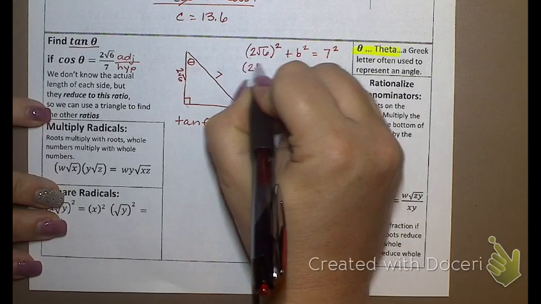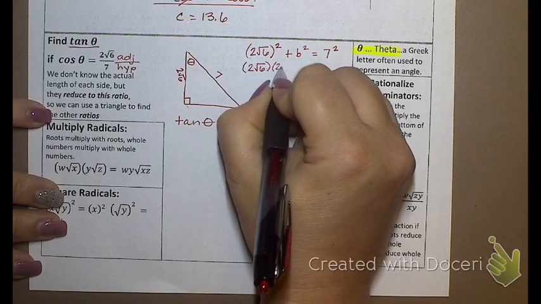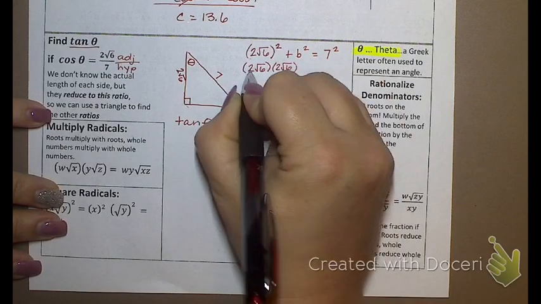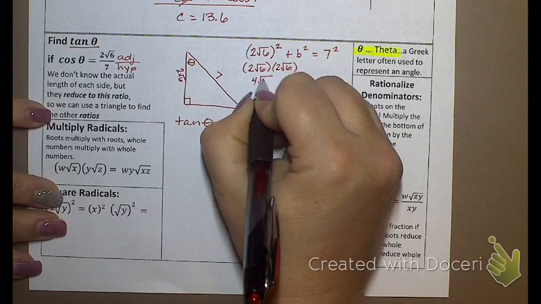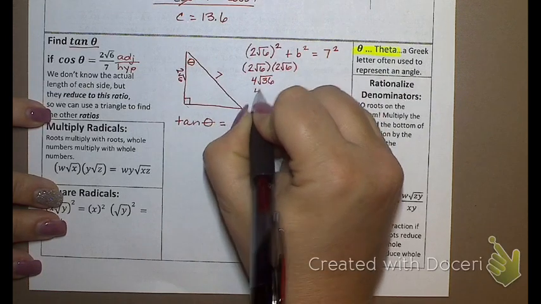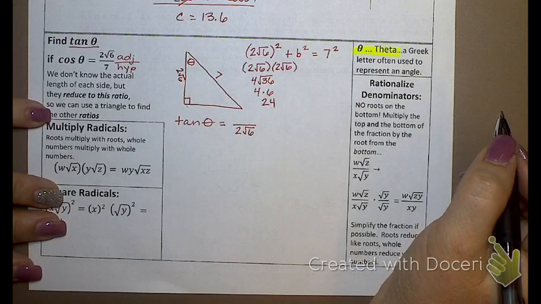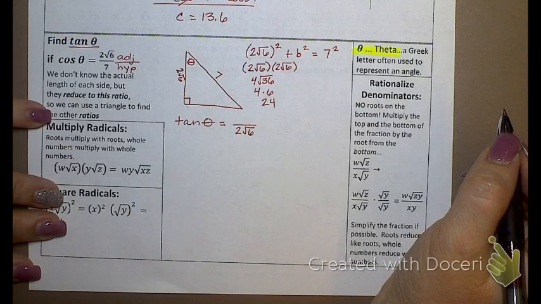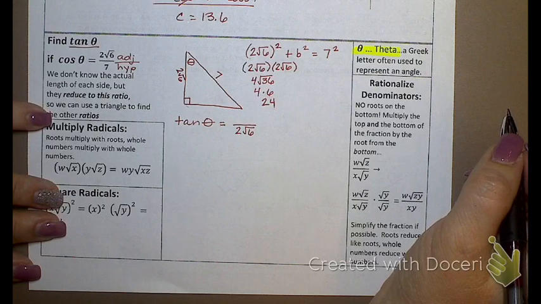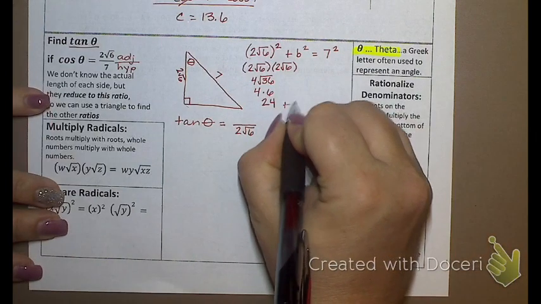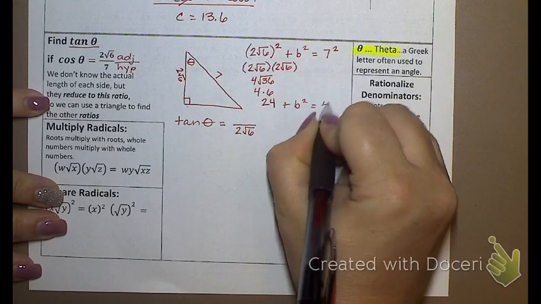Or 2 radical 6 times 2 radical 6. That's 4 radical 36, which is 4 times 6, which is 24. Now, you don't need to show all that work, but that's just the process of how it gets down to being 24. Plus b squared equals 49.